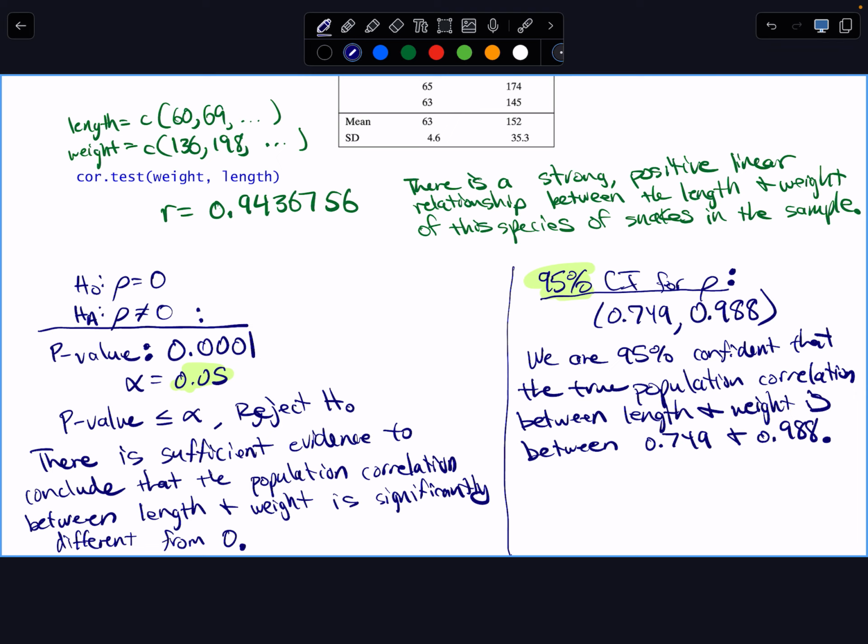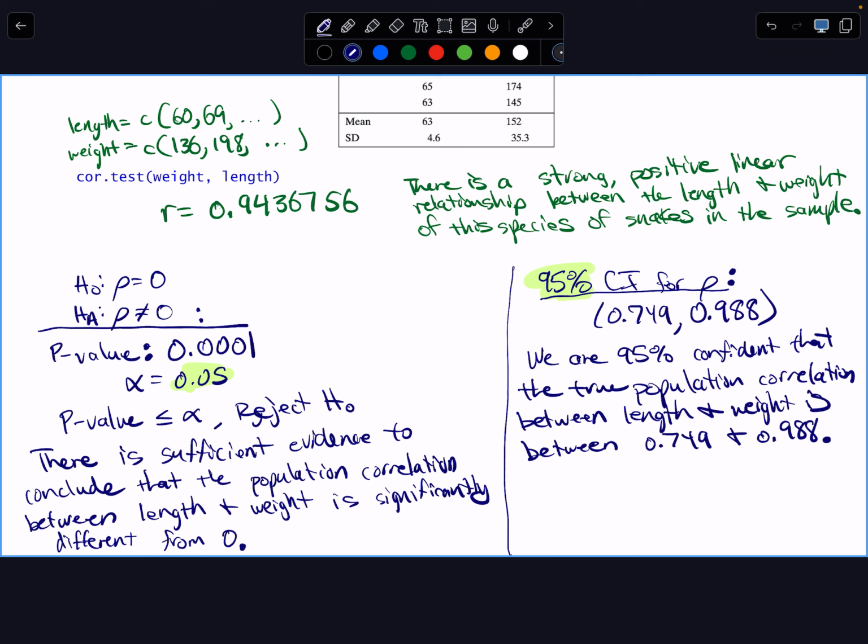If 0 is within the bounds of your confidence interval, that means one of these numbers is going to be negative, the other is going to be positive. Then that's enough evidence to say I'm going to fail to reject my null hypothesis. So again, we can use confidence intervals here to draw conclusions about our hypothesis test.